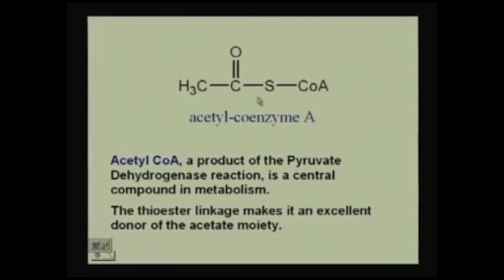Now, this thioester linkage right here makes it an excellent donor for the CH3CO group. So whenever you have acetyl coenzyme A come into the picture, you know you will have a transfer of 2 carbon atoms, because you have 1 carbon atom from the CH3, 1 from the CO.